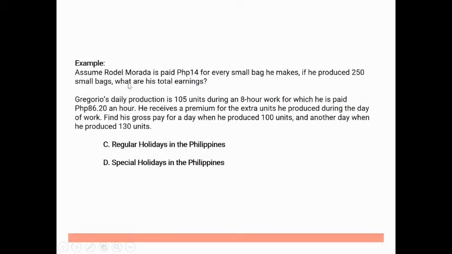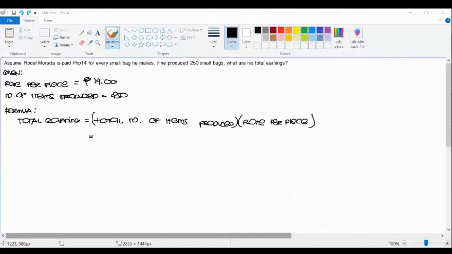Assume that Rodel Morada is paid 14 pesos for every small bag he makes. If he produced 250 small bags, what are his total earnings? Givens are rate per piece, which is 14 pesos, and number of items produced, which is 250.